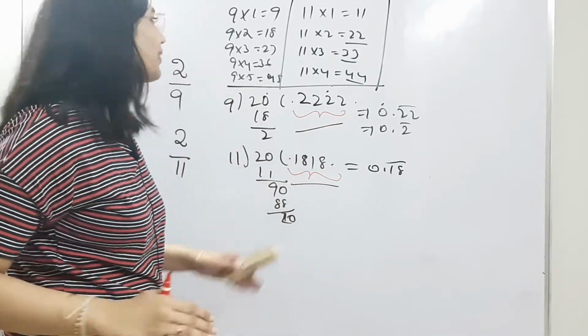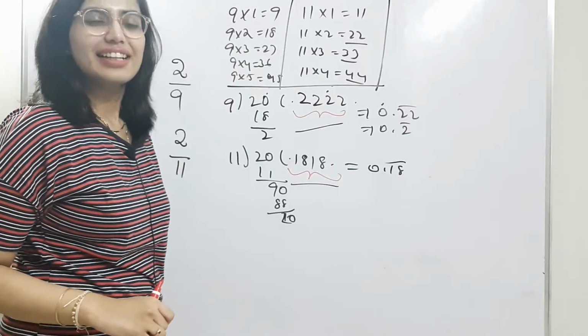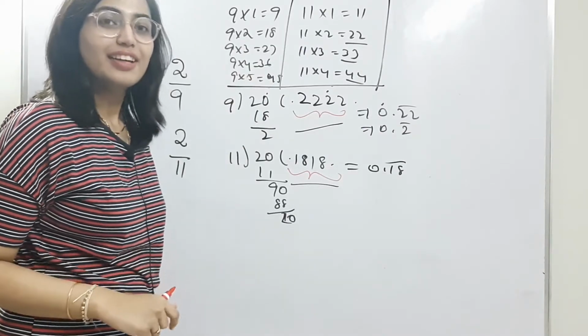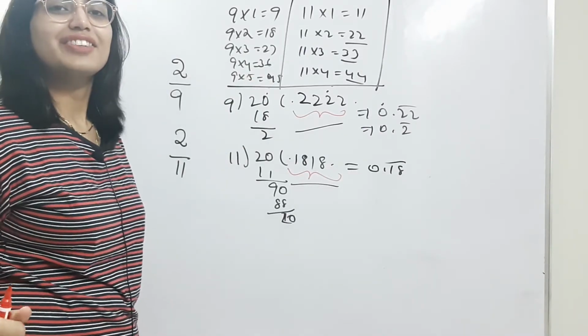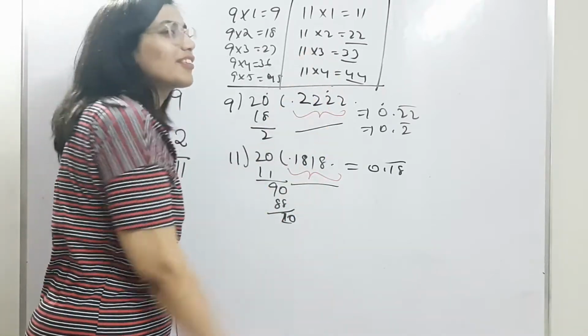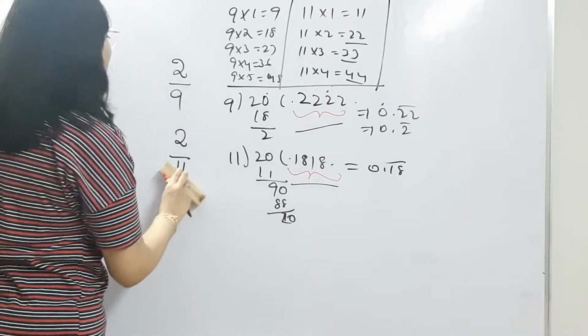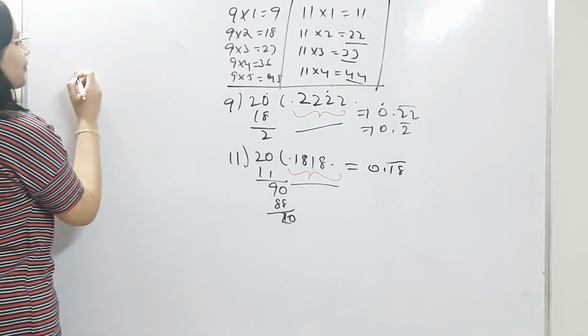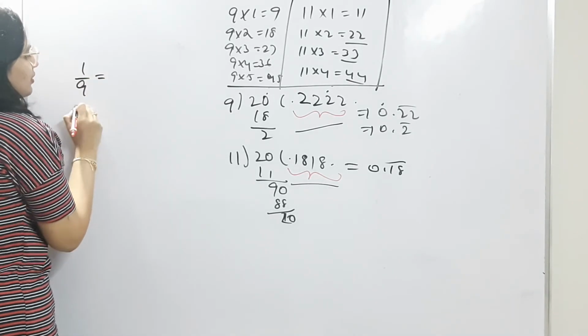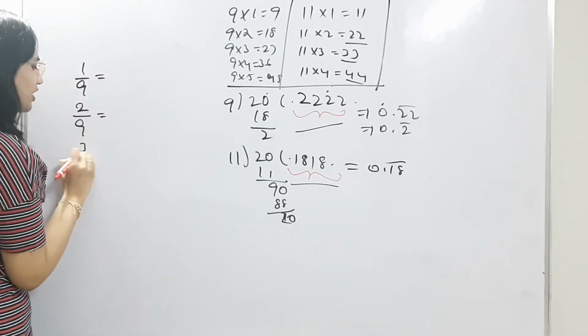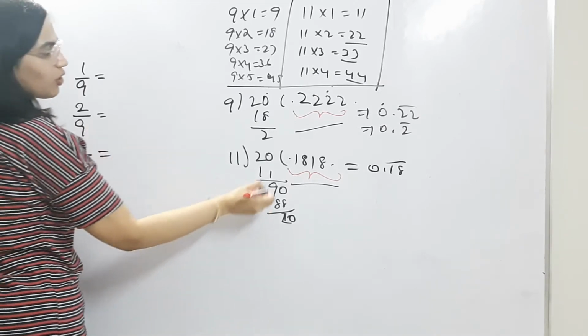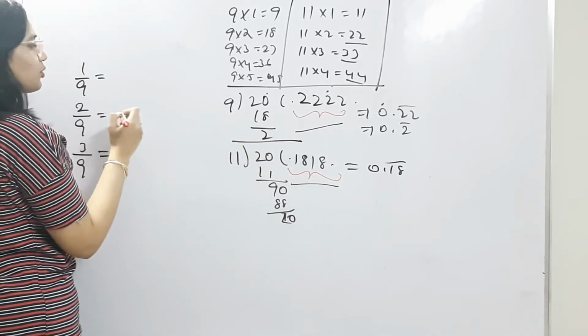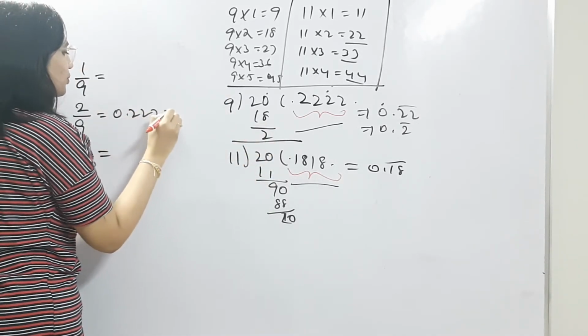If you flip 9 and 11, that is, if you take the reciprocal of 9, the value of 1 by 9, 2 by 9 will be the multiples of 11 respectively. How? See here. 2 by 9. Let's try to find out 3. Okay, we already know the value of 2 by 9, that is 0.2222 and so on.